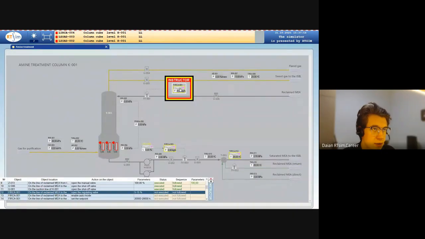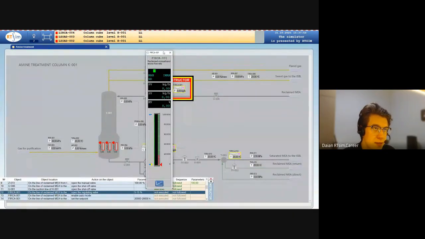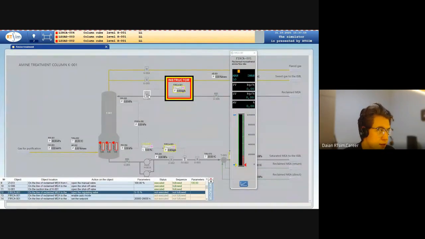So let's click on the control valve, and the next mistake is clicking on the control valve. The control valve doesn't have its own control panel because it's controlled from the temperature, level or flow rate device.